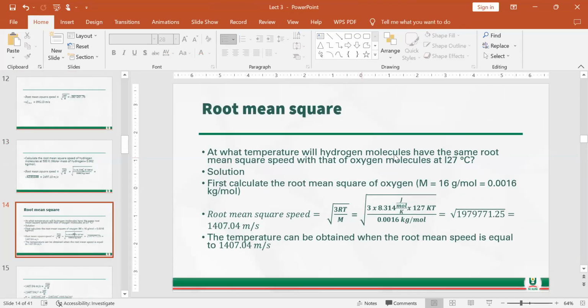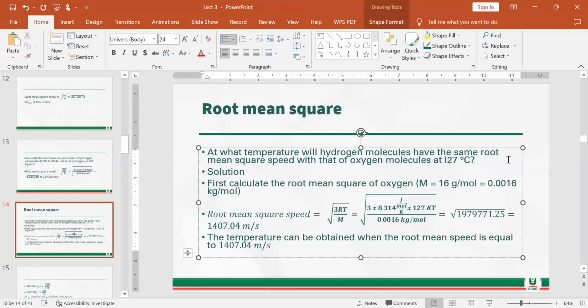At what temperature will hydrogen molecule have the same root mean square speed as that of oxygen molecule at 127 degrees Celsius? This question calls for understanding.